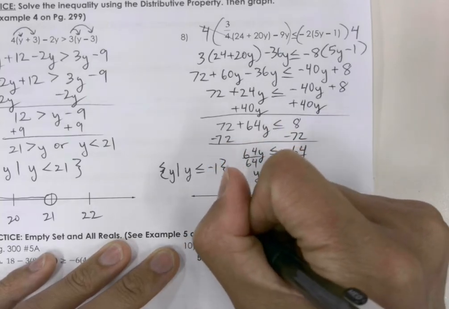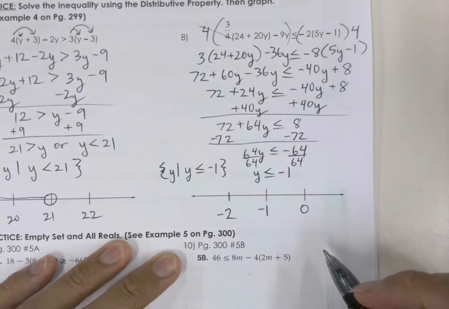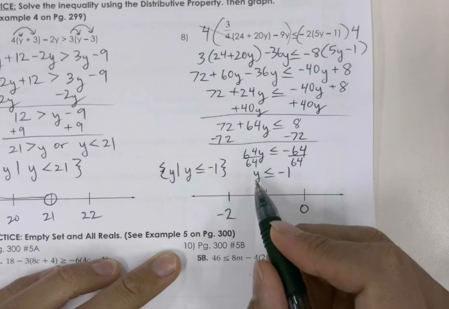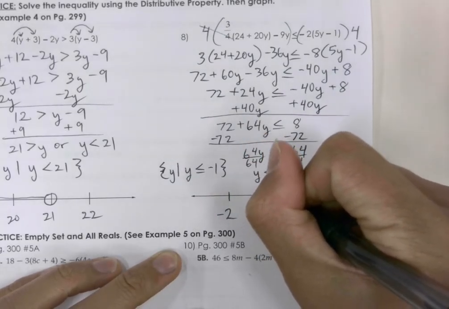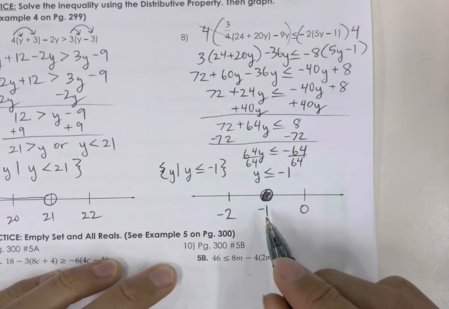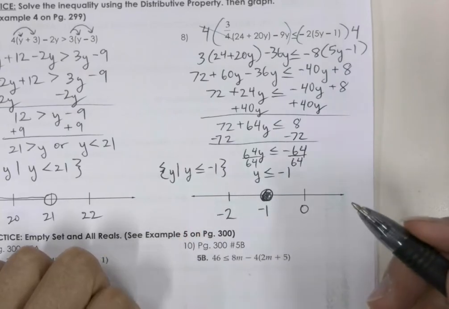We're going to have negative 2 to the left, and we're going to have 0 to the right. We're going to use a closed circle because we have less than or equal to, which means the solution set includes negative 1. And our arrow is going to move to the left.